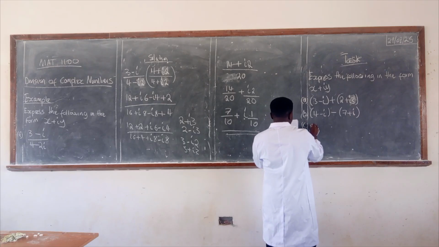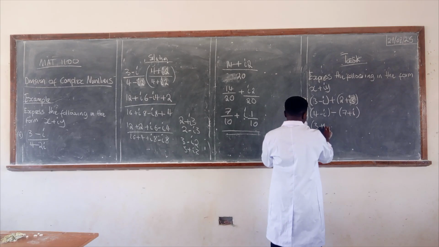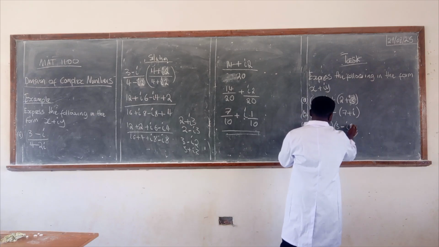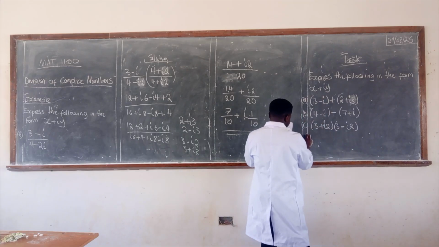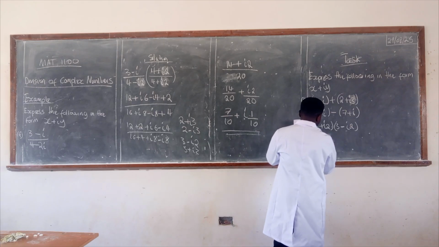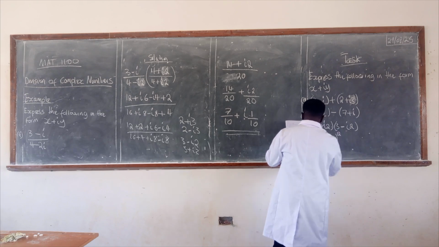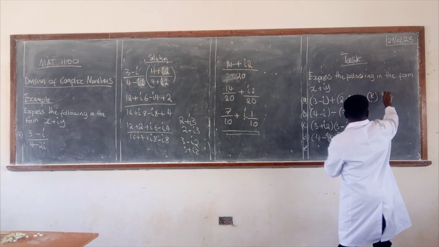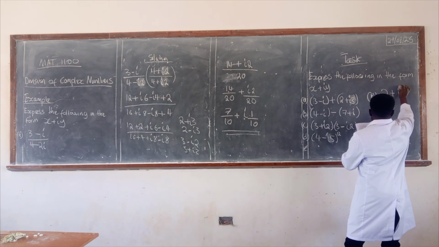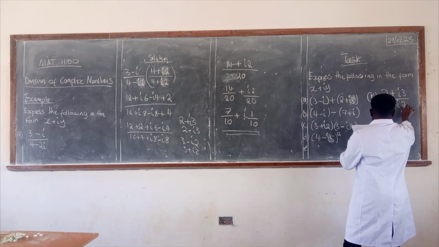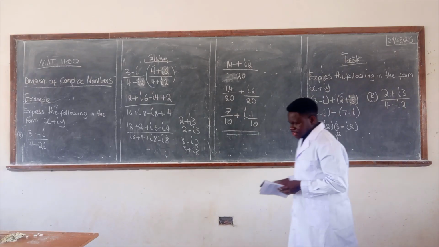C: 3 plus i2 times 3 minus i2. D: 4 minus 5 minus i5, squared. And last but not least, E: 2 plus i3 over 4 minus i2. Try out those simple questions.